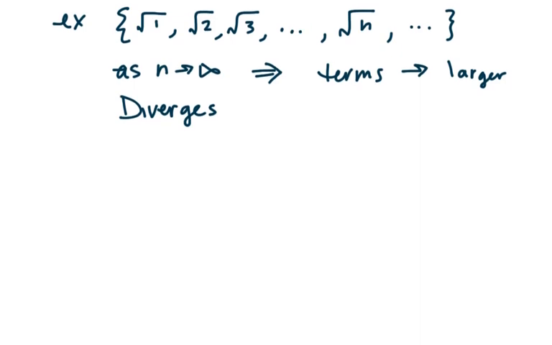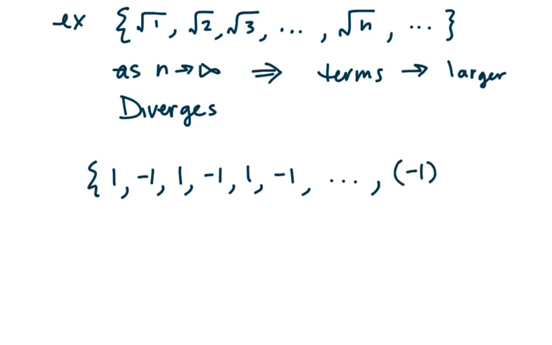And another situation where we might have divergence, we can have an alternating sequence. So you notice that my terms are flip-flopping, and this might be modeled by a general term, -1 raised to the n plus 1. And so these terms, you'll notice they alternate positive, negative, positive, negative.